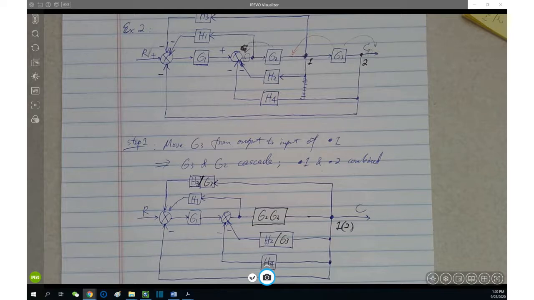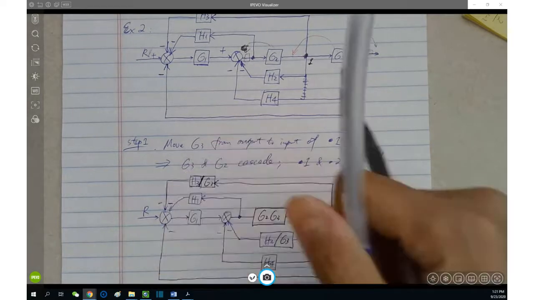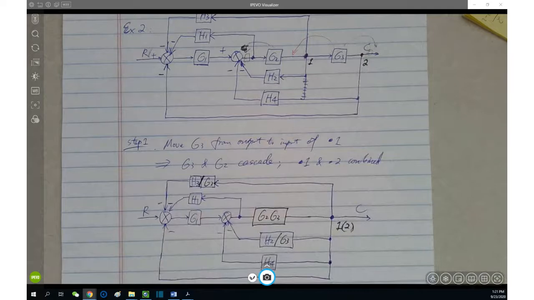Any questions regarding this step? Of course, for the feedback, all of the signs remain. Negative stays negative, positive stays positive.